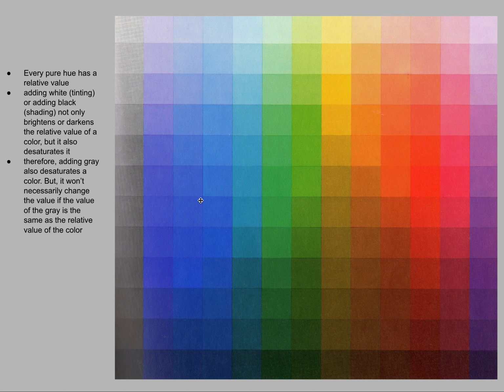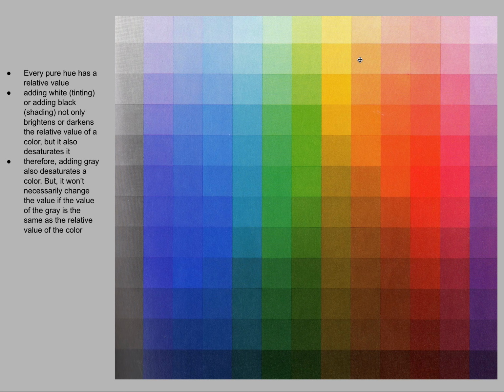Another way of desaturating color would be to add white or black. So every pure hue has a relative value. Blue in its purest form is really dark, yellow is really light, red is somewhere in the middle, like we've discussed. Adding white to any pure hue will lighten it, obviously.